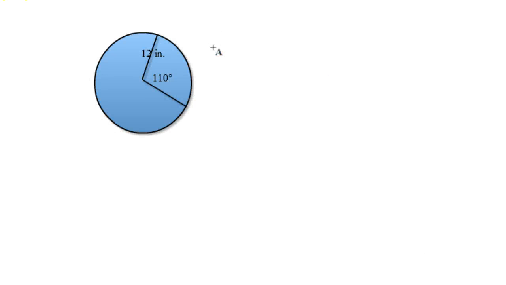Let's say we were dealing with something like this. We had a circle with a radius of about 12 inches, and then we cut in a sector of 110 degrees. Now the circumference would be pretty easy to find. It is just pi times the diameter, or 2 pi times the radius. In this case our radius is 12, so this actually turns out to be 24 pi inches long.